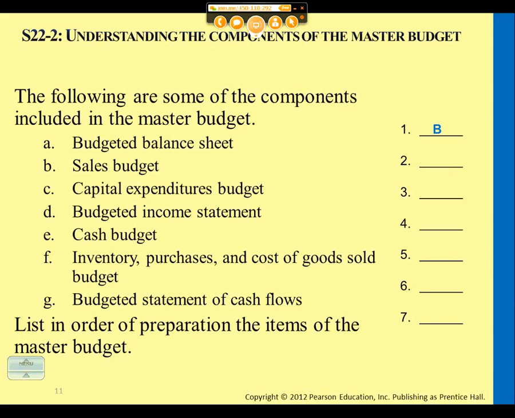Which one is second? All right. Third? Which one is the third? You're close, but maybe down there, a little bit. Who else is for income statement? Income statement it is. All right. Fourth?